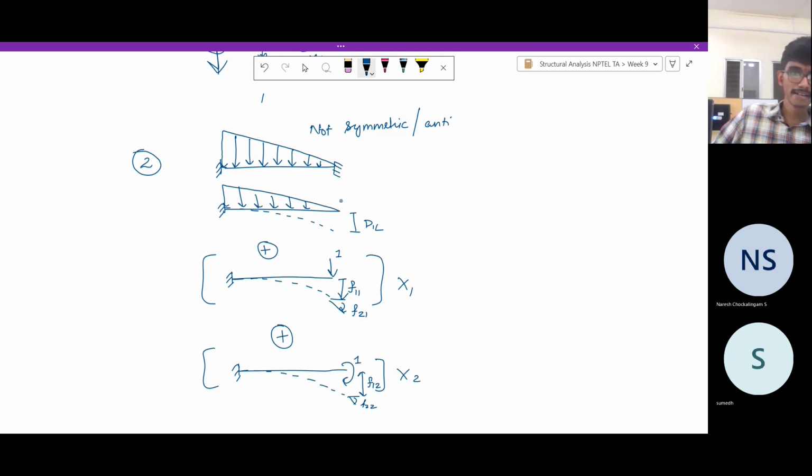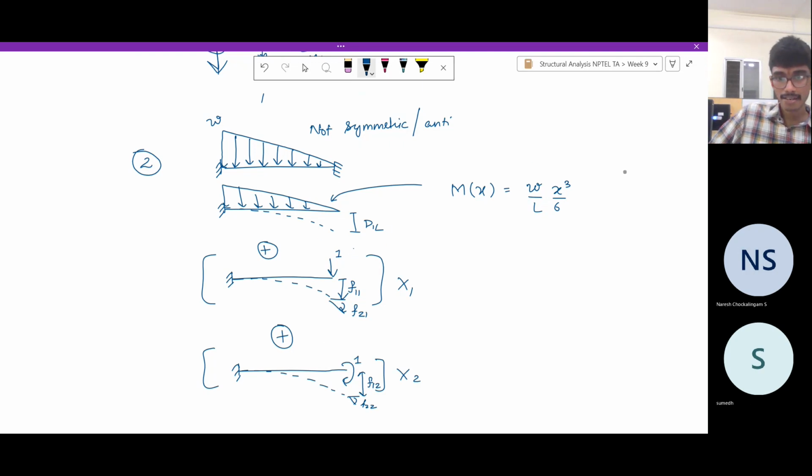So what is the bending moment diagram? Bending moment diagram for this is nothing but M of x equal to, let me take the maximum value as W, W by L, x cubed by 6. You can check easily, it satisfies this.